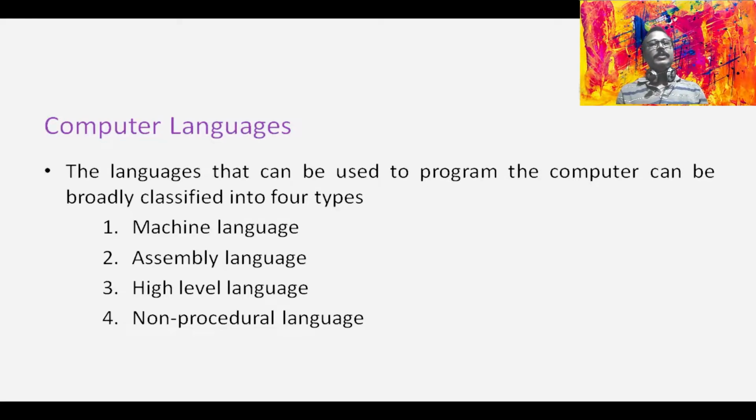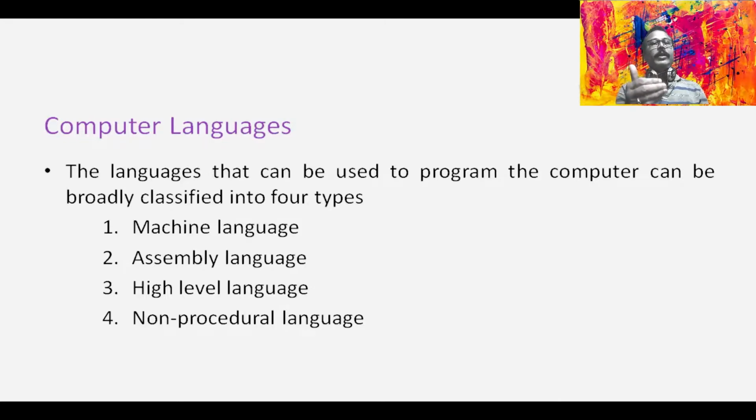Machine language, as the name indicates, is the language which the machine understands. Now, what does the machine understand? To be frank, the machine is an electronic device. Your computer is an electronic device, so it understands only voltages.